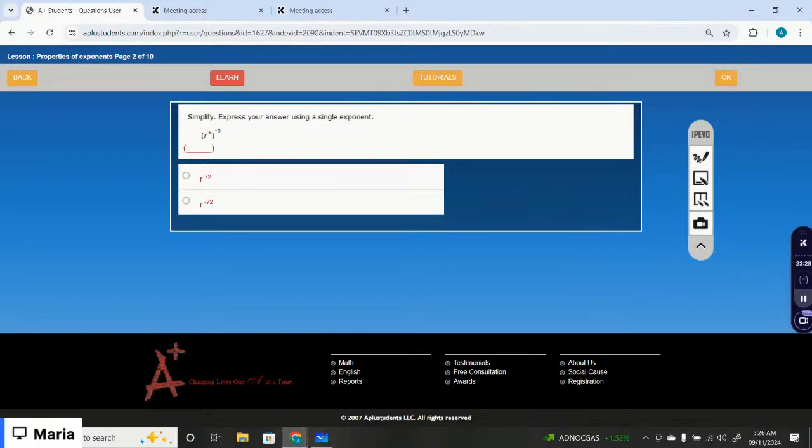The next one is simplify r exponent 8, exponent negative 9. So which is the correct option?